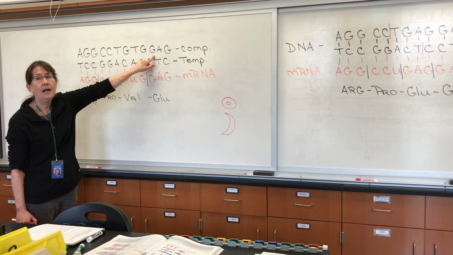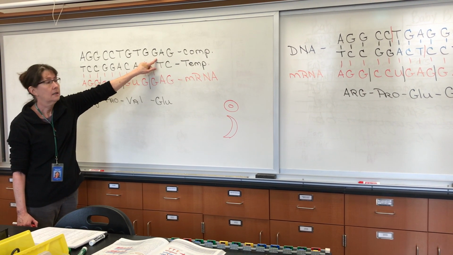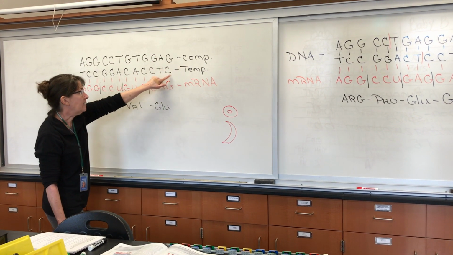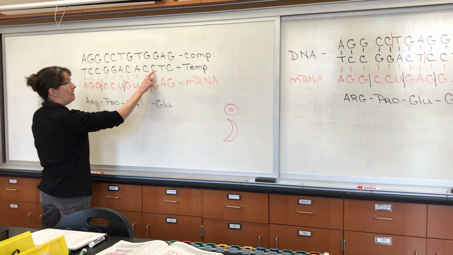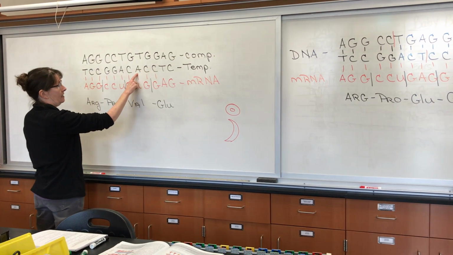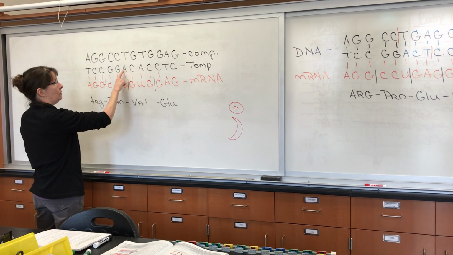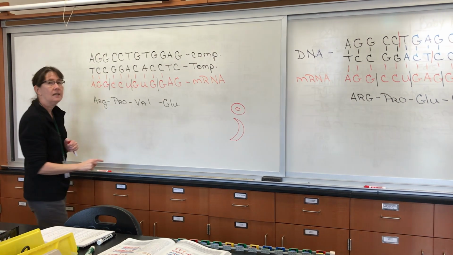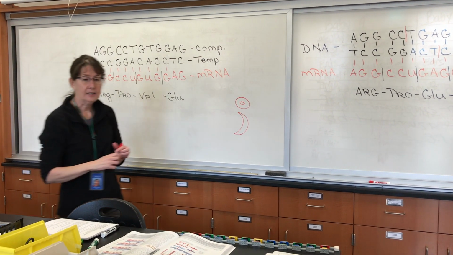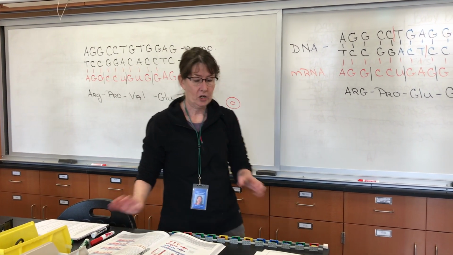MST2 will not cut that DNA strand. It will be the template strand going the other way. So looking for CCT, we have CCA, followed by any nucleotide, AGG. It's looking for CCT. It will not cut that DNA strand.